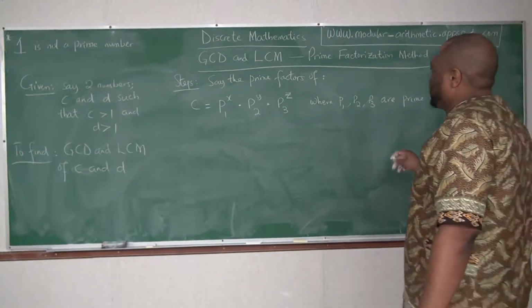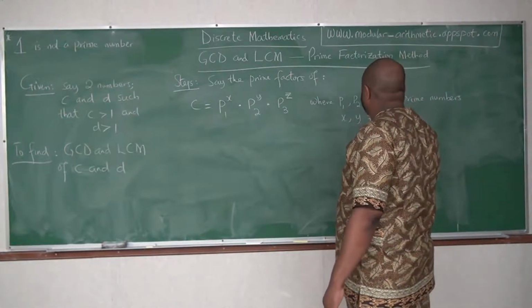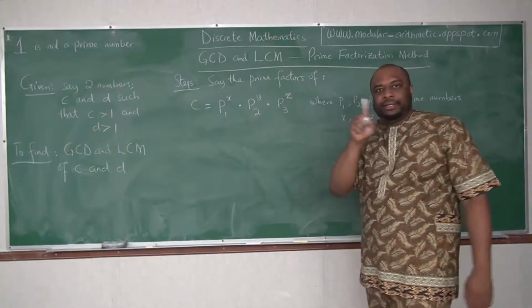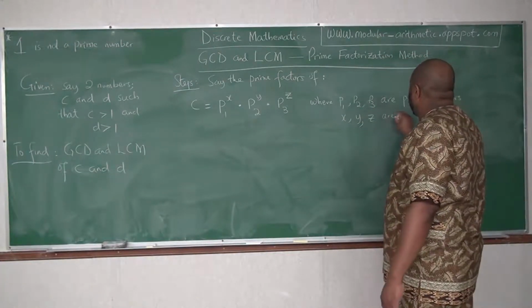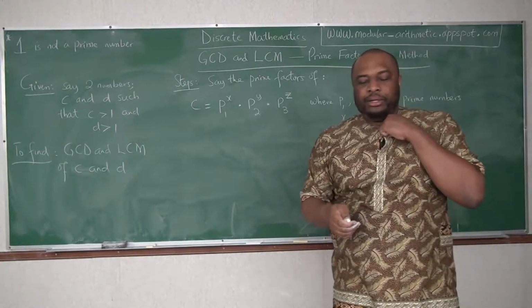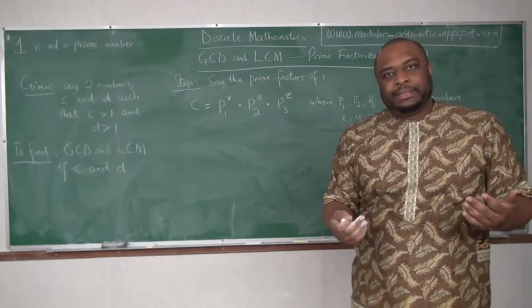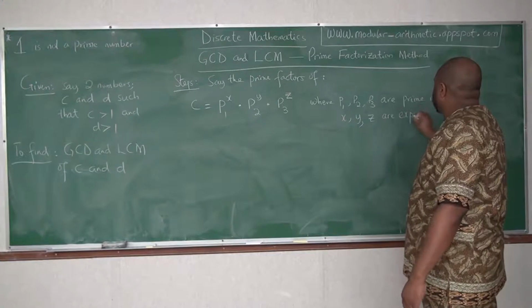And then X, Y, Z are the exponents of those prime numbers. Do you see the way I write my Z, so you don't think it's 2. They are just exponents.